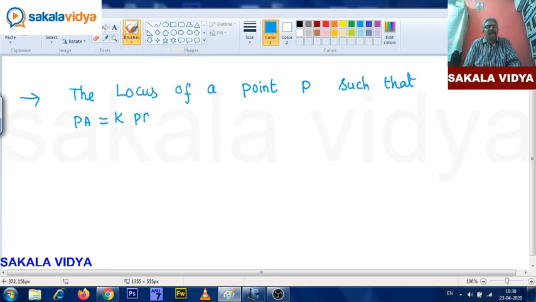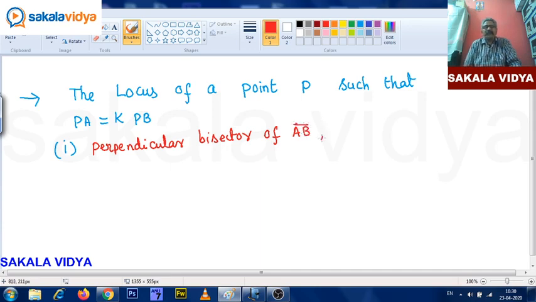PA is equal to k times PB. So, first point, the locus is the perpendicular bisector of the line segment joining AB if k is equal to 1. For example, if k is equal to 1, the locus becomes the perpendicular bisector of the line segment joining AB.